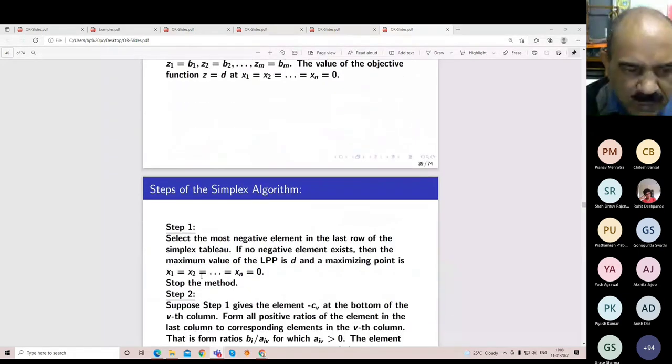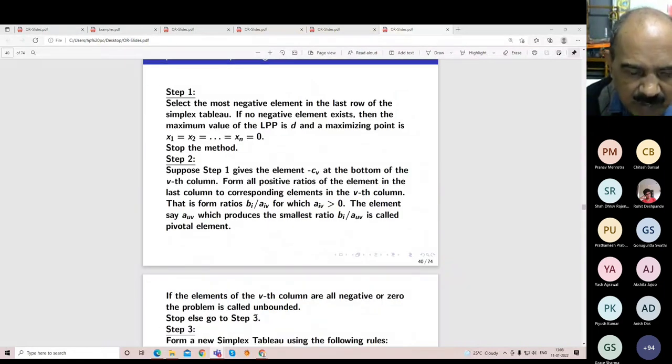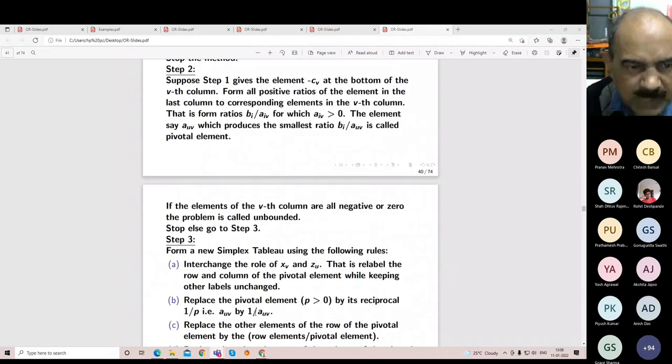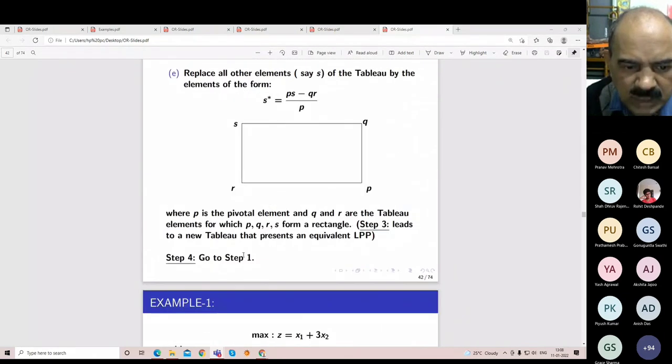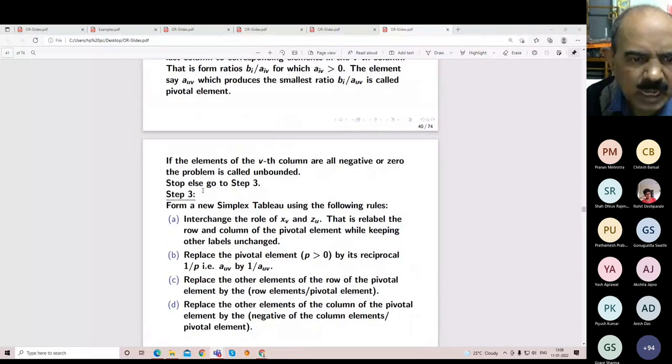Unbounded is step 3. Using step 1 and step 3, we will terminate the process. After completing step 3, we come to step 1. If it is unbounded, you cannot go to step 2. Once it is unbounded, you stop here.